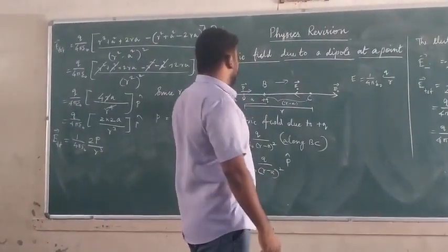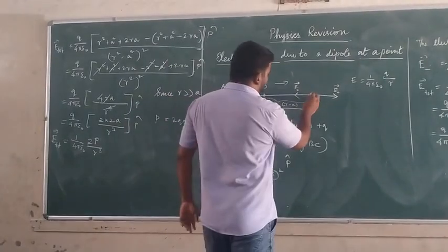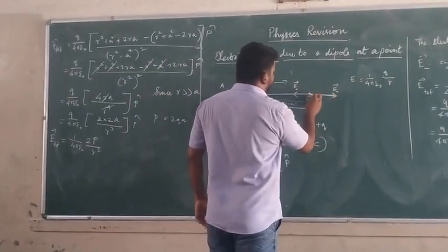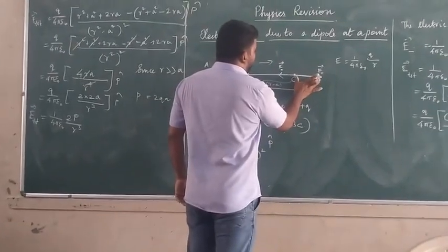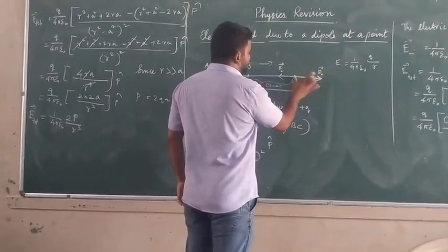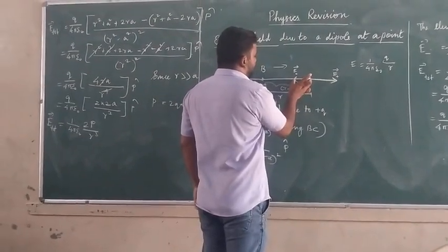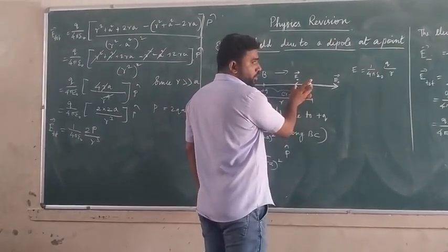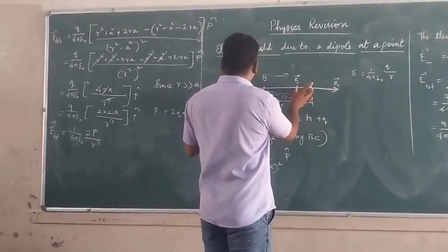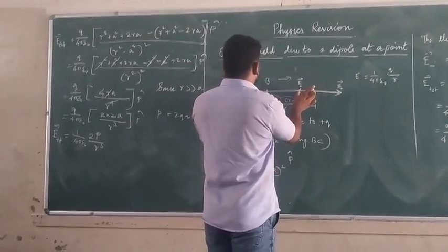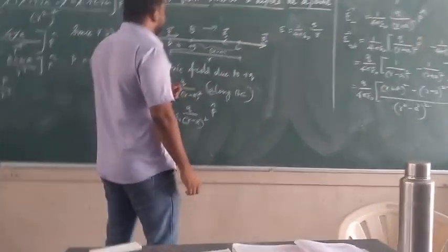Understand? So here, in this arrow mark, the magnitude of the length of the vector is larger than the electric field due to the negative charge.